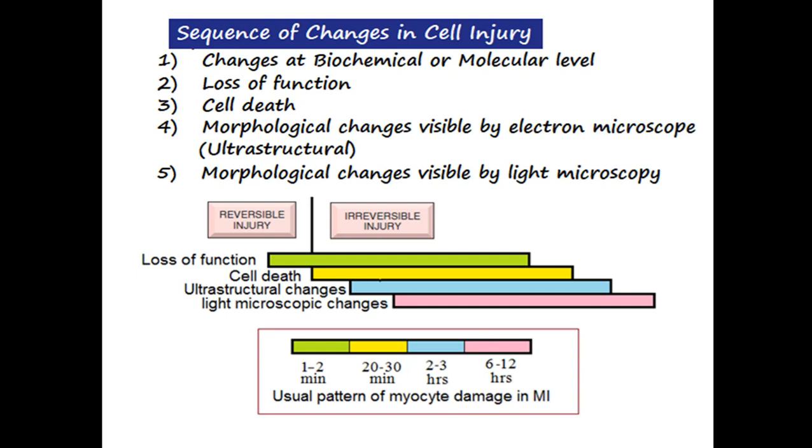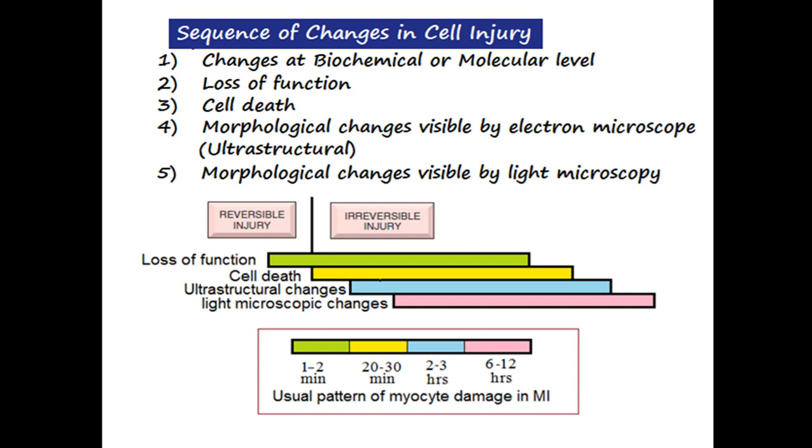The most vulnerable cells are the nervous cells, which can hardly tolerate lack of blood supply for a minute or so, and then the cardiac muscle cells, which can tolerate loss of blood supply for 20 to 30 minutes, and then the skeletal muscle cells and fibroblasts, which can remain alive for hours.